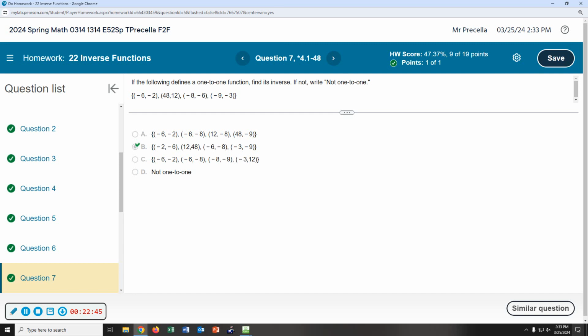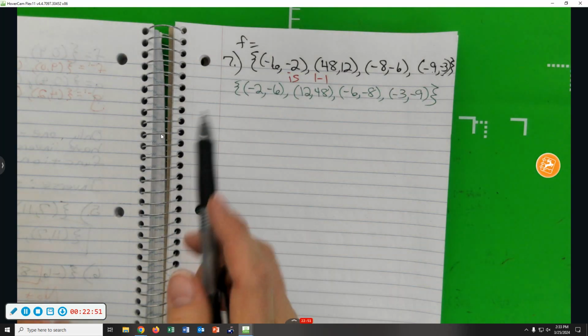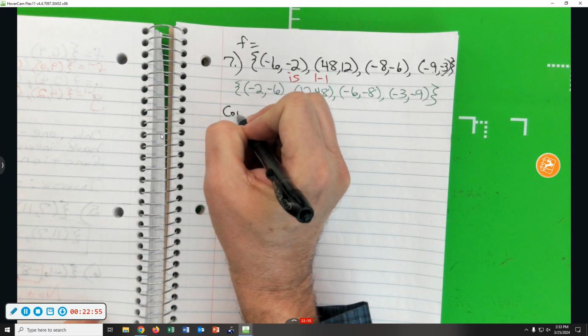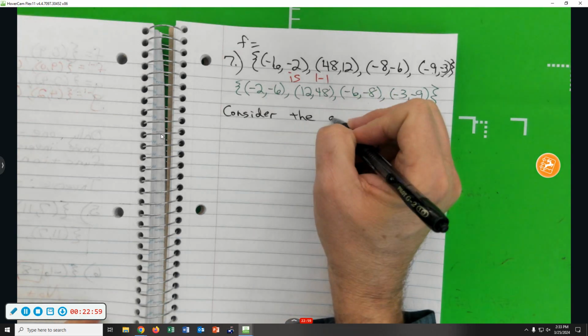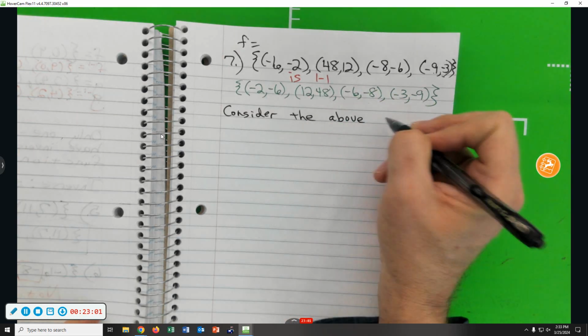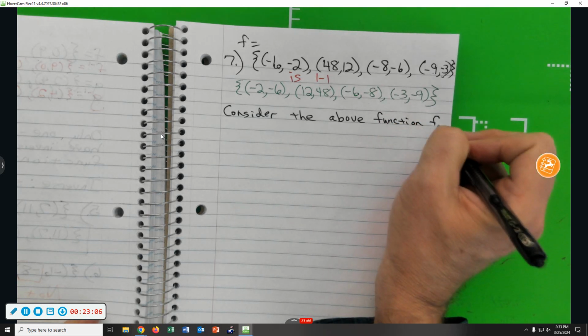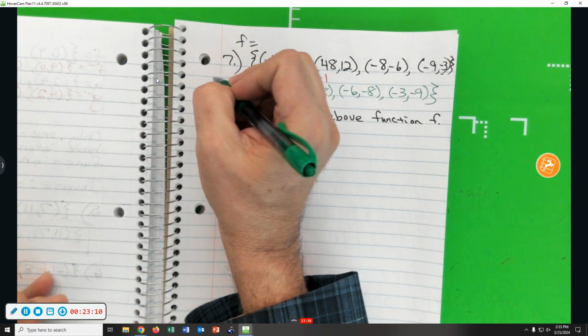I'm through with number 7, so I'm just going to say, consider the above function f. That means this green thing is f inverse.